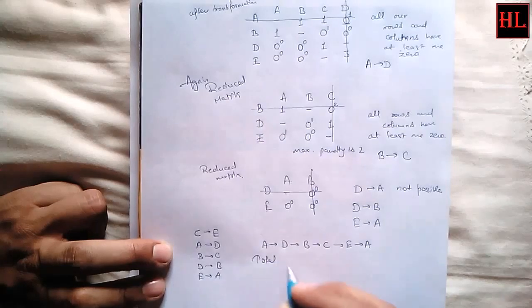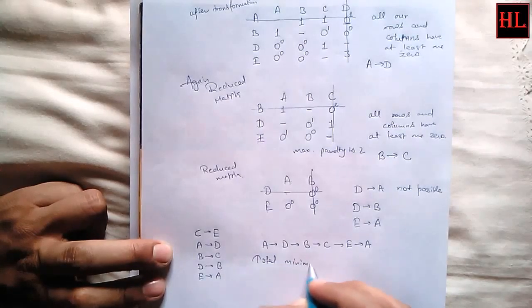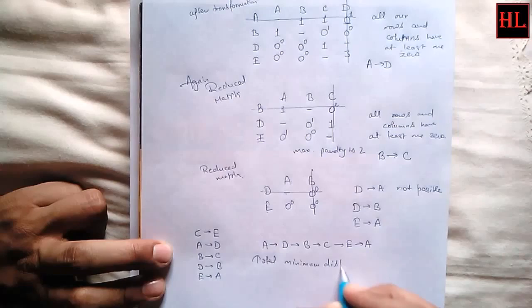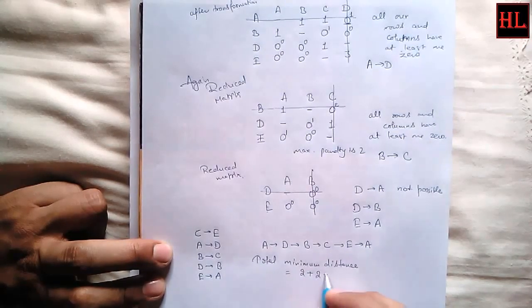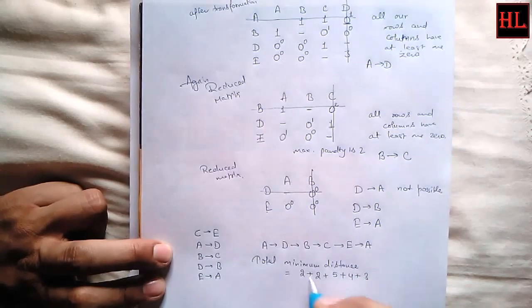And the total minimum distance will be 2 plus 2 plus 5 plus 4 plus 3. I have written these distances between these cities. From city A to D, the distance is 2. From city D to B, the distance is 2.